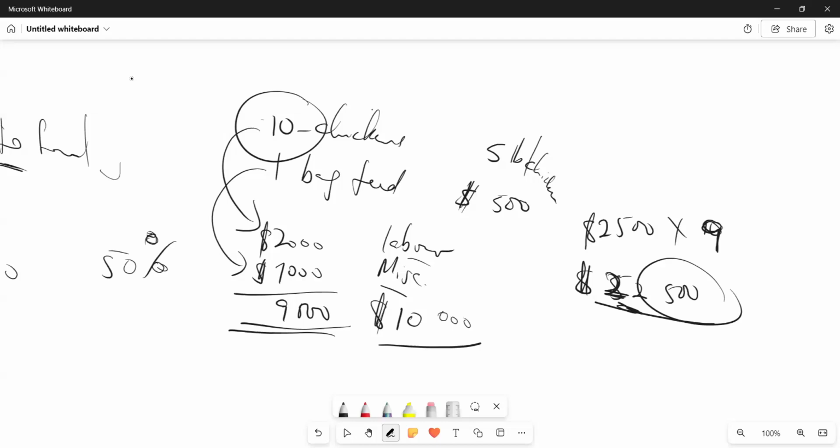So you made a profit of $12,000 for every 10 chickens. See what I'm saying? If you go with 20 chickens, you make more than what the bank is supposed to give you for the whole year.